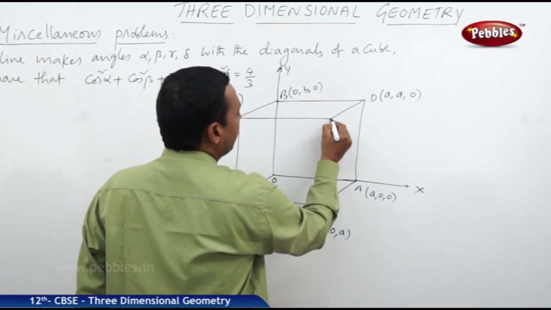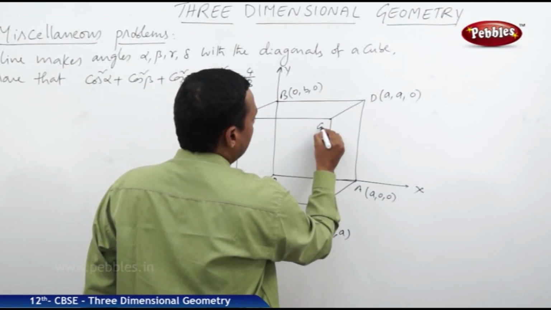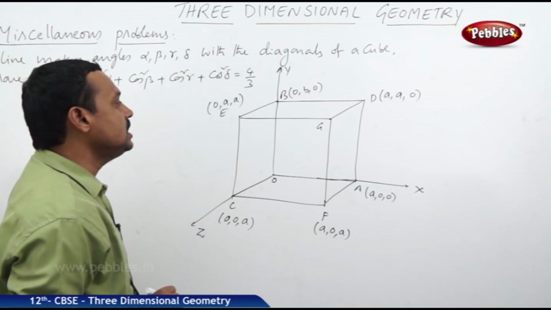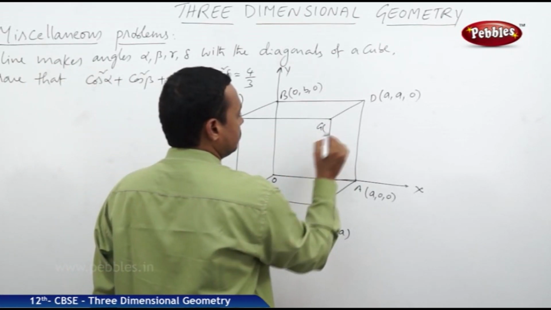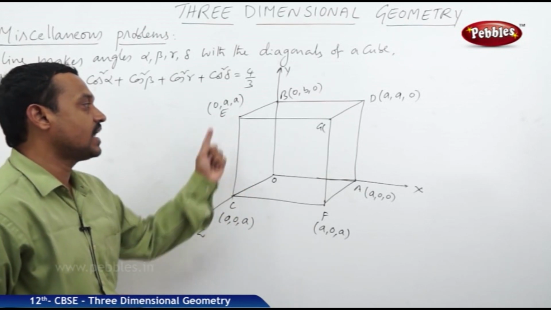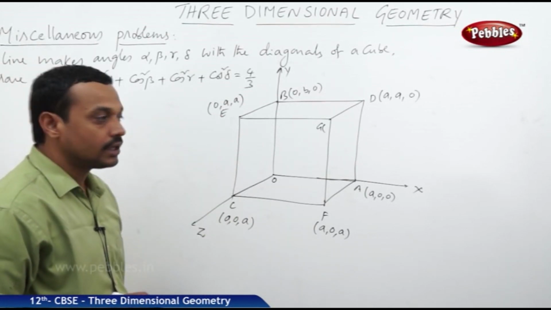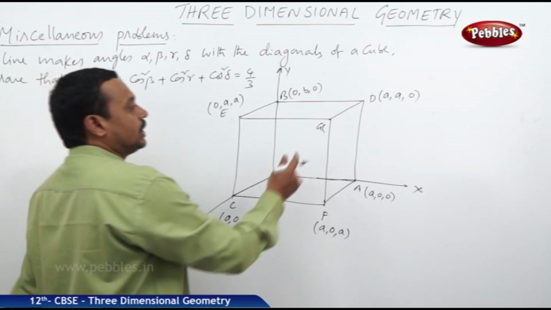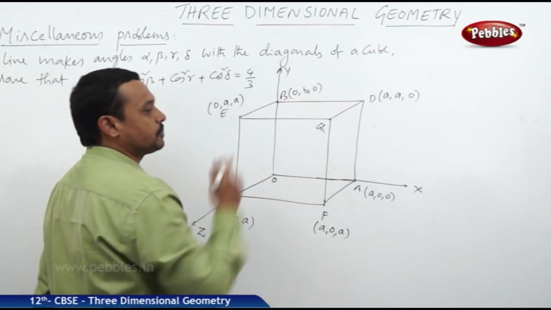And let it be the vertex G, and you know this G is in space. It is not on any of the three coordinate axes, nor in any of the three coordinate planes. It must be in space.